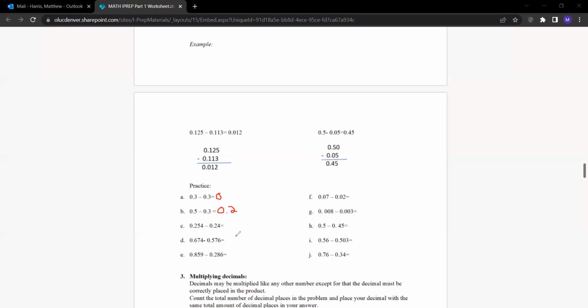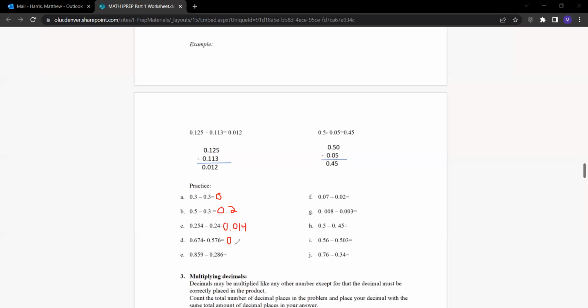So we have 0.254 minus 0.24. When you line them up, you're going to get 4 minus 0, 5 minus 4, 2 minus 2, turns out at 0.014. Next you have 0.674 minus 0.576.